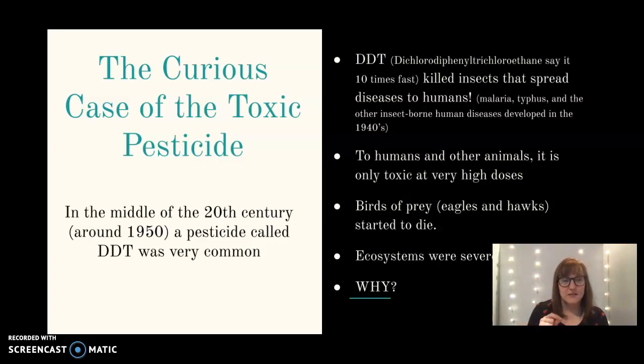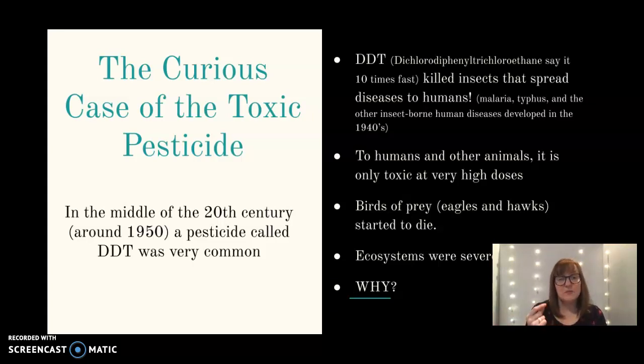The main diseases that they were worried about were malaria and typhus, because these two diseases were killing more soldiers during the war than actual battle, which is a huge problem because we needed them for battle. So we did not want them dying of a disease. So they found a way to kill the insects. Sounds like a great thing.